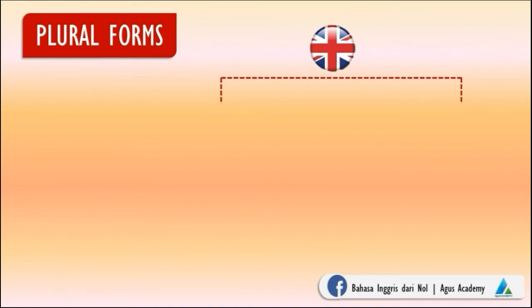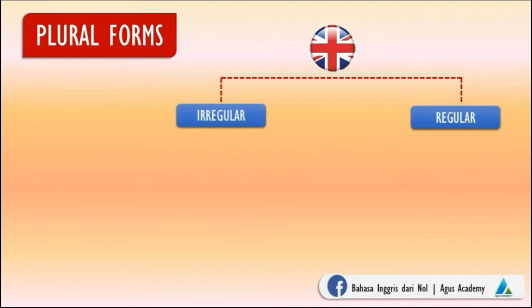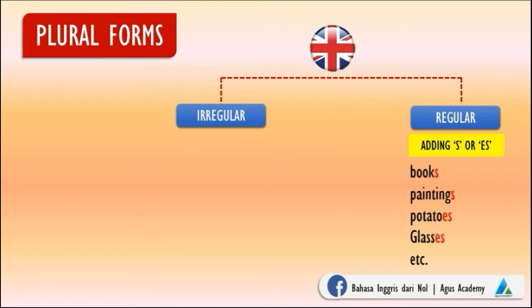Firstly, they are divided into two categories, regular and irregular nouns. The former simply gains s or an es like books, paintings, potatoes, and glasses. That's the easy part.